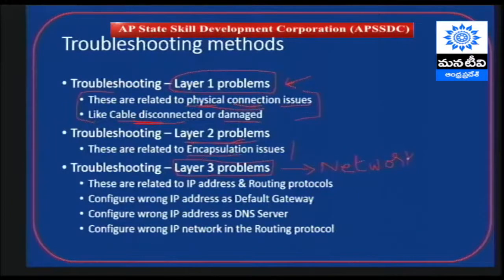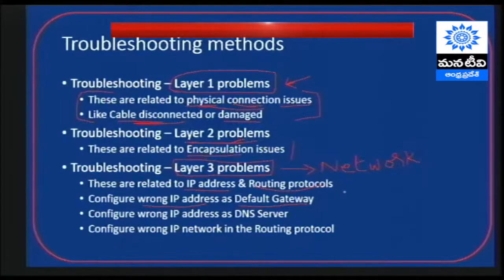IP address issues could be routing protocol issues, or providing a wrong IP address as a default gateway, because in the TCP/IP properties we have the IP address, the subnet mask, the default gateway, and apart from this we also have the DNS server.